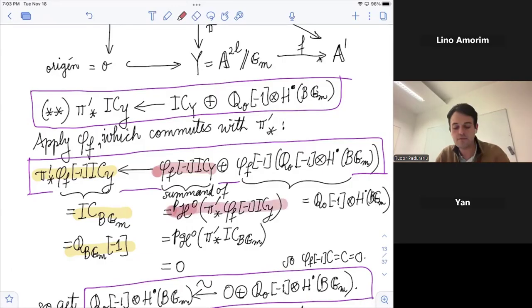So after commuting some of the functors, it will be the 0th perverse cohomology of the push forward pi' lower star of vanishing cycles applied to ICY. But this is exactly what we computed on the left-hand side. So it will be the 0th perverse cohomology of the push forward of IC of BGM, which is Q_BGM shifted by -1. So this has 0 perverse cohomology.